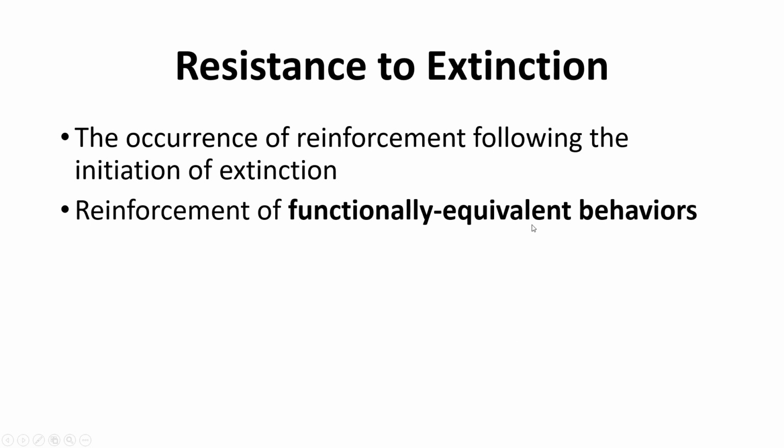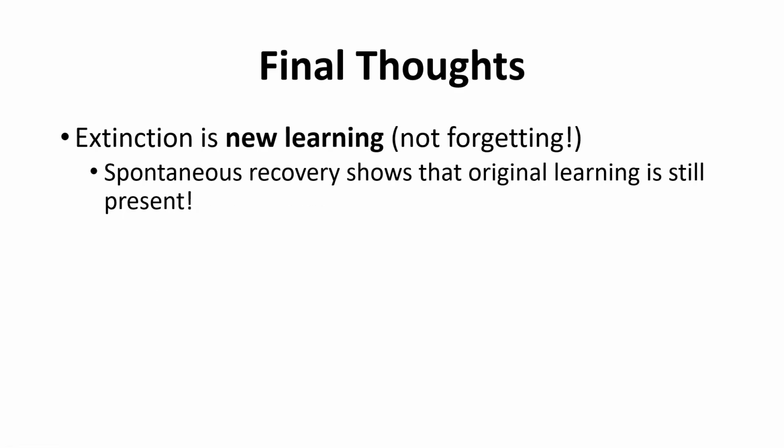So similar other behaviors that are reinforced can cause them to start doing the originally reinforced behavior, even though it was going through extinction or had been extinguished. So those are a couple of different things that can affect extinction.